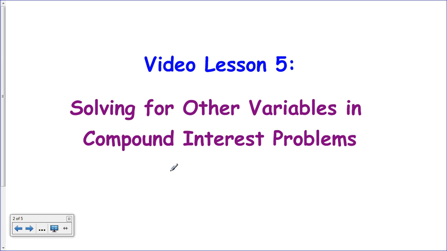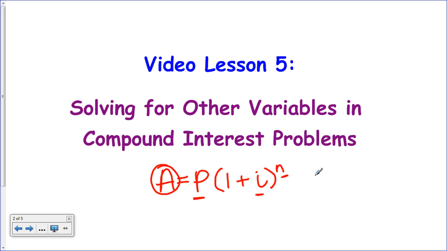So up until now, we've been focusing on this equation for compound interest. The first time we looked at it, we knew the principal, the interest, and the compounding period, so we had n, and we were solving for A. The second time, we rearranged the formula to solve for present value, which is another word for principal.